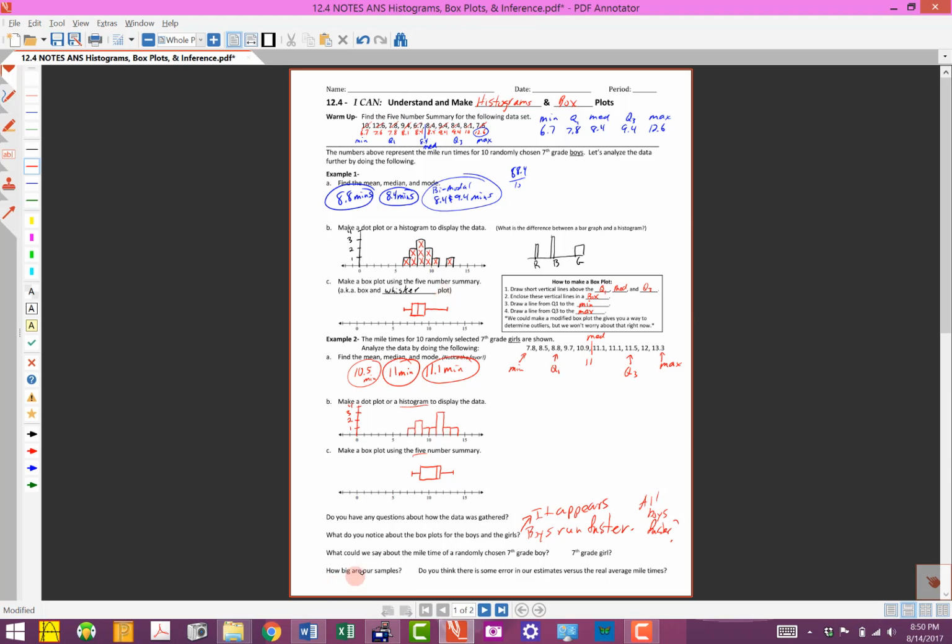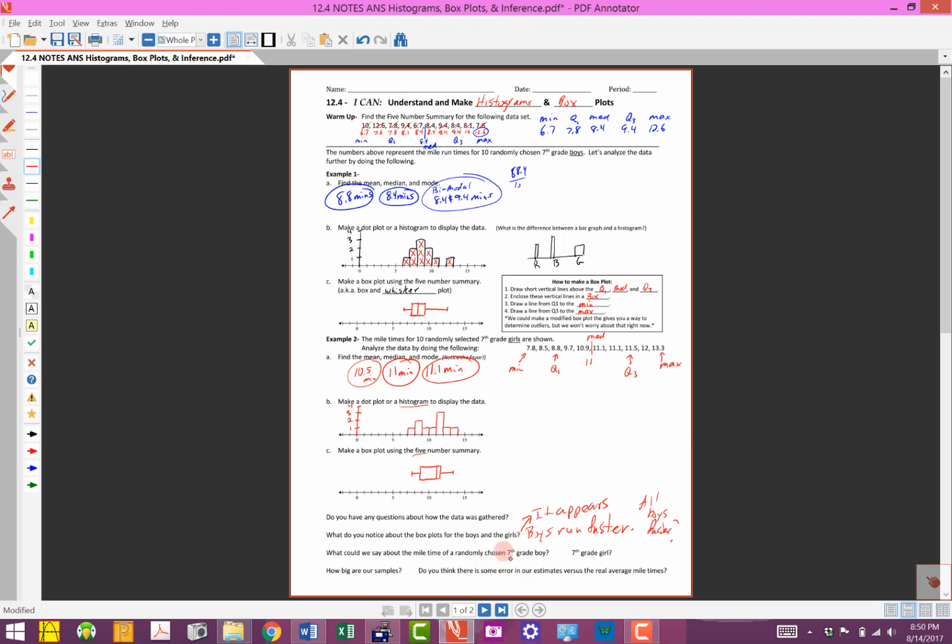Okay, so what could we say about the mile run time of a randomly chosen boy or a randomly chosen girl? Now, it doesn't say from these particular samples. It says just from any of these from the population from which they were chosen. So I already told you, these are students at our school.